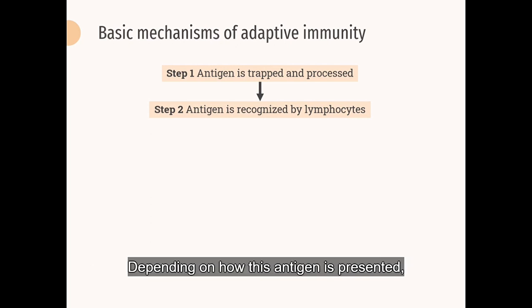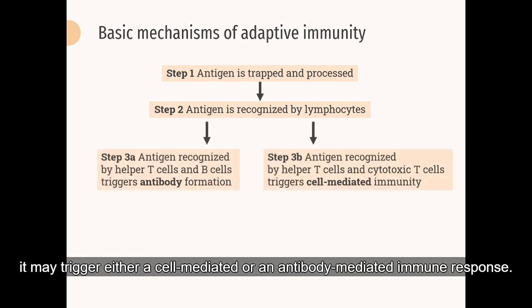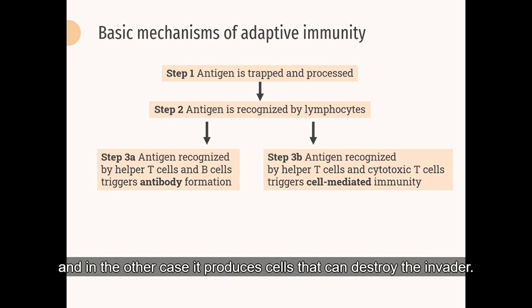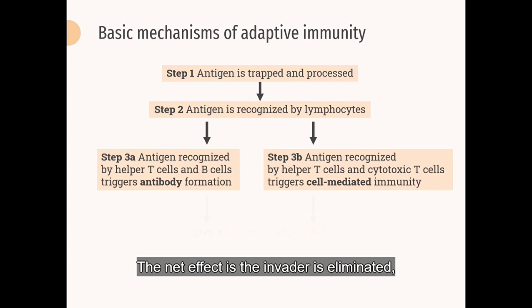And depending on how this antigen is presented, it may trigger either a cell mediated or an antibody mediated immune response. But in both cases, the antigen is recognized by helper cells. And in one case, it triggers cells producing antibodies. And in the other case, it produces cells that can destroy the invader. The net effect is the invader is eliminated.